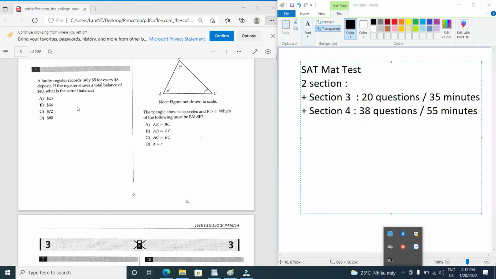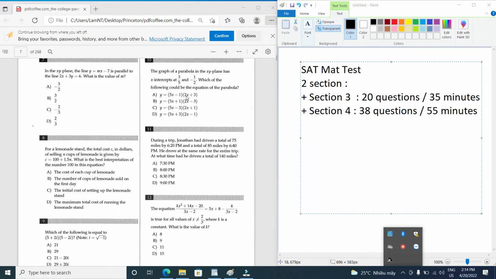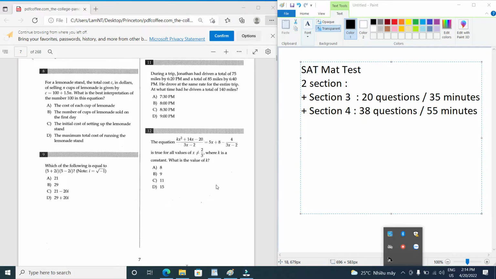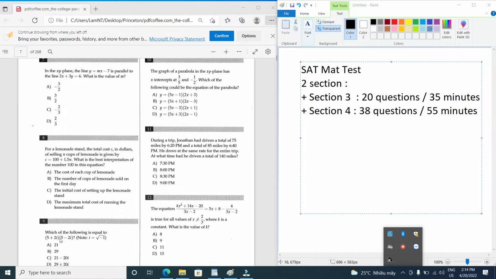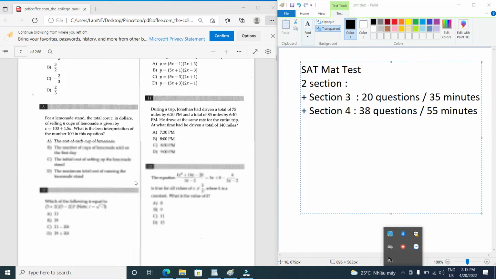I think it's a ratio exercise, and we also have a geometry problem. Alright, yeah. So we have a question about line equation, also parabola equation, and also we're gonna cover complex numbers and roots of the functions.